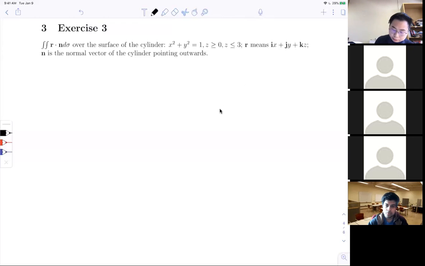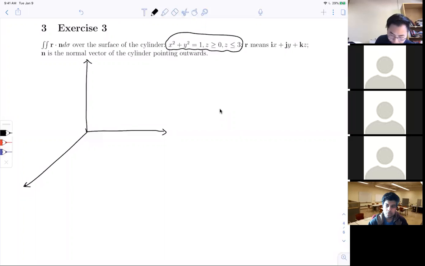Right, let's take a look at this problem. The general idea is correct. Basically, we need to draw the integration region first. It's given by this constraint. So first, it's a cylinder.